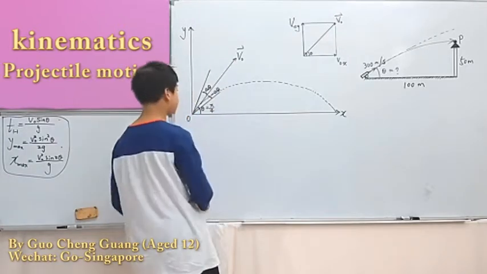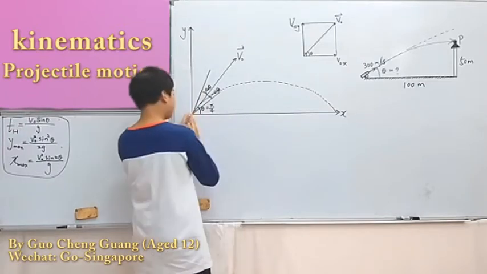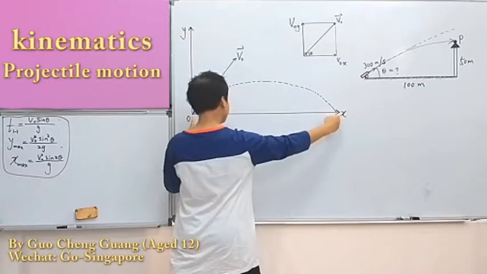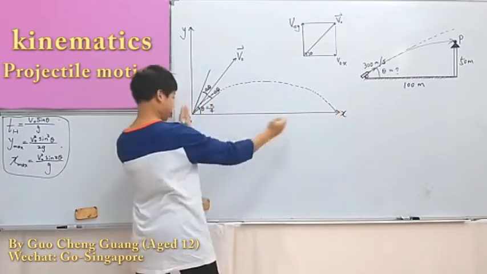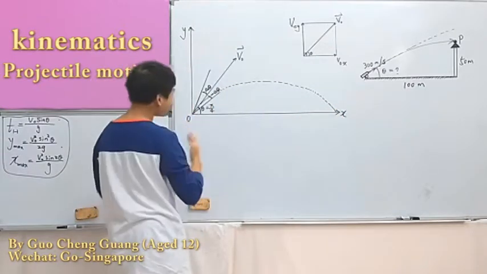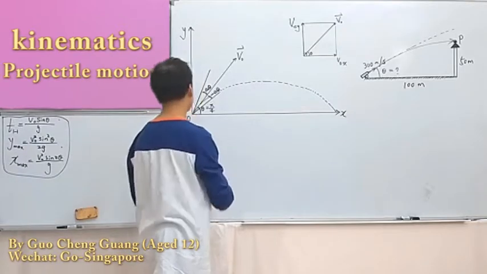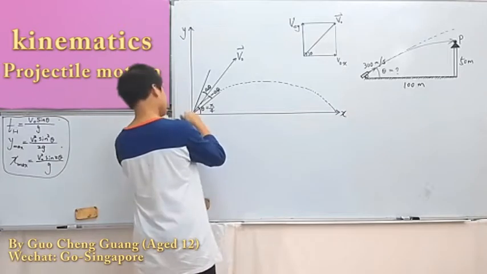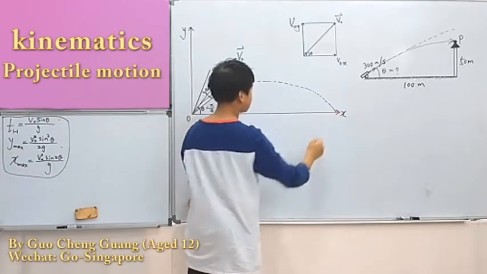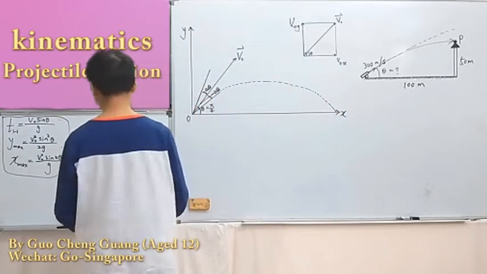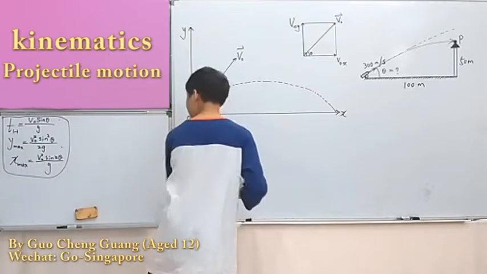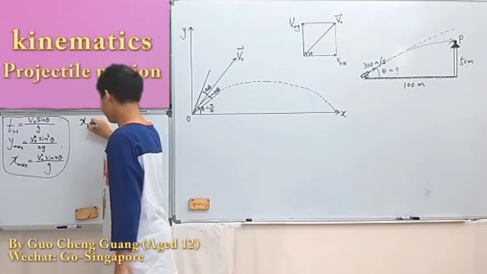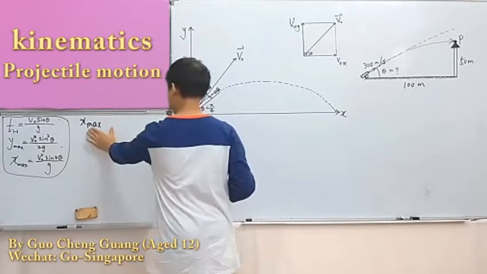This x maximum is from the projection all the way to this end. It's just this length from here. It may be set as the displacement since it's still from the origin, but it's just the distance from the starting point to where it ends, say on the ground.